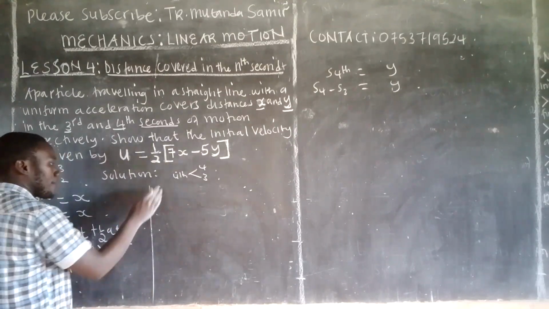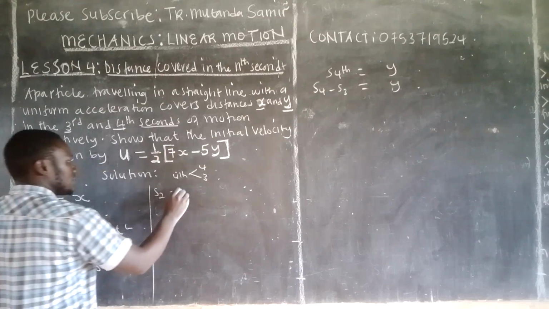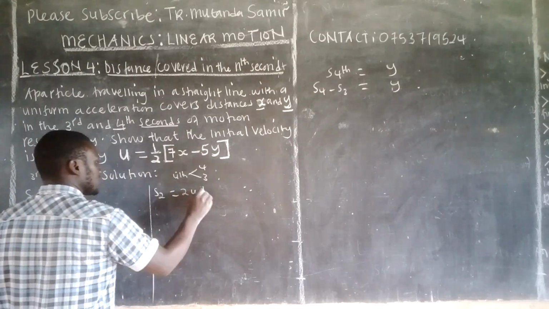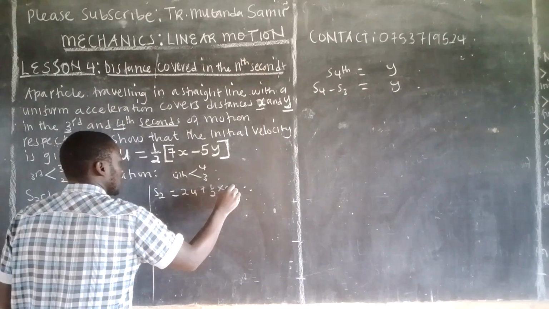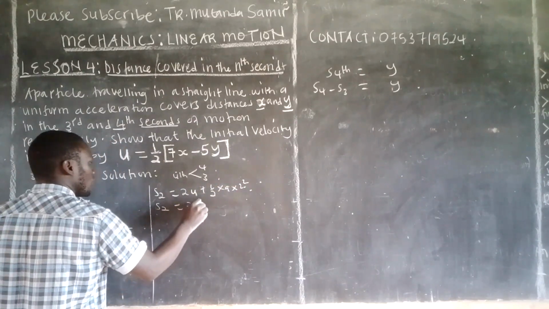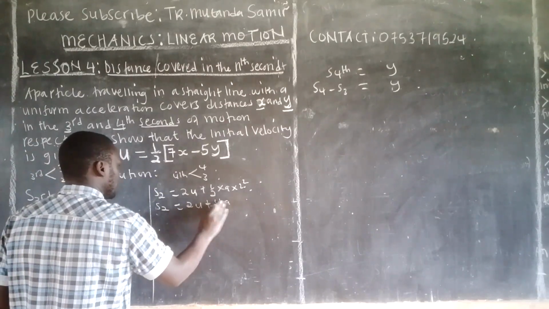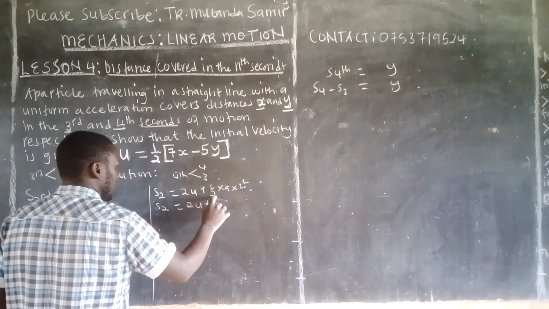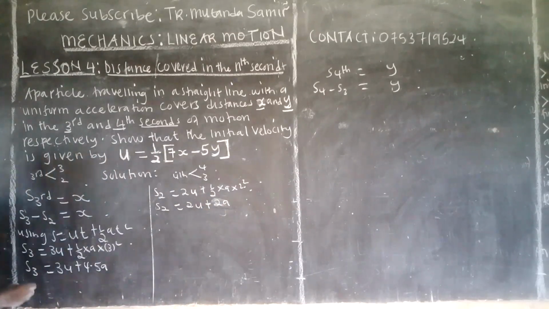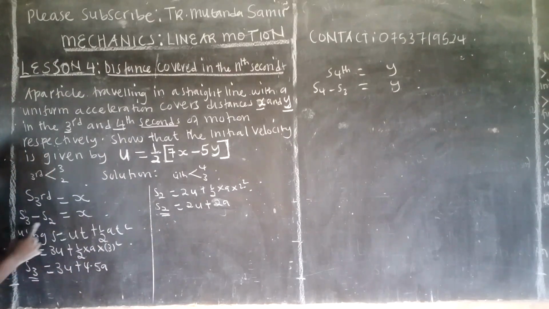So s2 will be equal to, using this very equation, u times t, which is 2u, plus a half times a times 2 squared. So s at 2 will be equal to 2u plus 2a, since 4 divided by 2 is 2a. Now we have s3 and s2, but to get x is equal to this minus that.